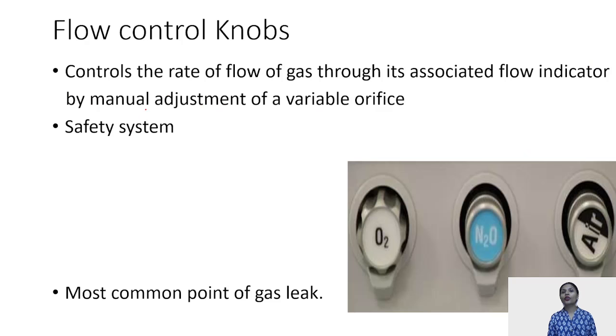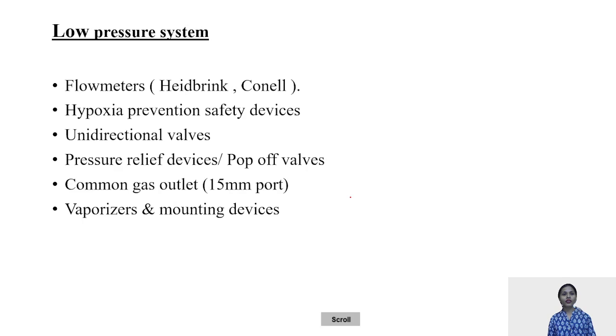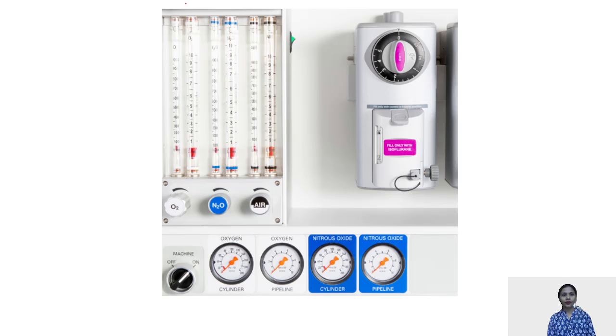The last part of the intermediate pressure system were your flow control knobs. See, where do you find these flow control knobs? These flow control knobs are generally present here, just upstream of your flow meters. I hope you know what is upstream and downstream.